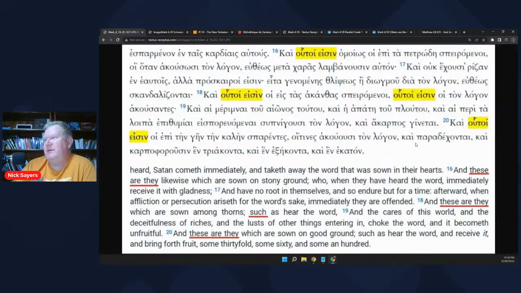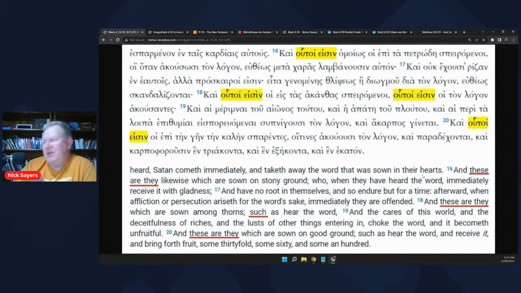There we go, so we can fit the whole thing in. So verse 16, it's translated as "these are they". Okay. Verse 18, what we're looking at, "these are they". Then the next time, "oti essen" is "such". Okay. Then verse 20, "oti essen", "these are they".